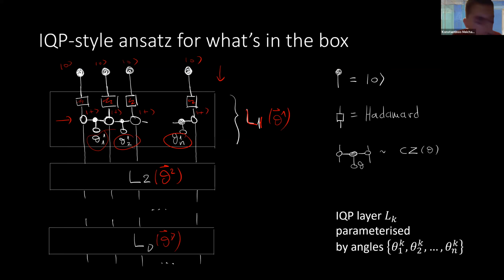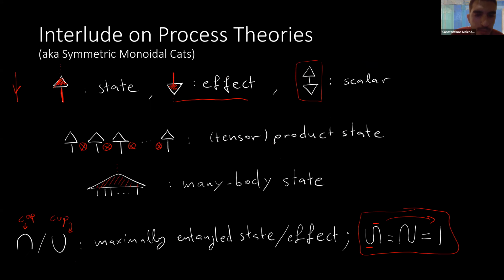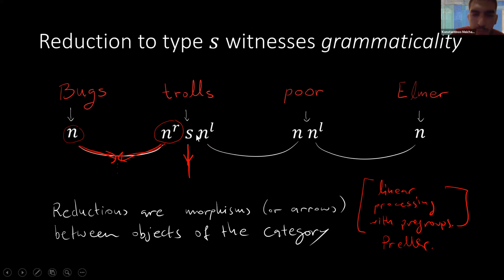Also, another motivation to go quantum is the compositional structure of the pre-group grammar model. This is not an accident that you have pre-group types assigned to, for example, if you go back, these types, they have a product between them.